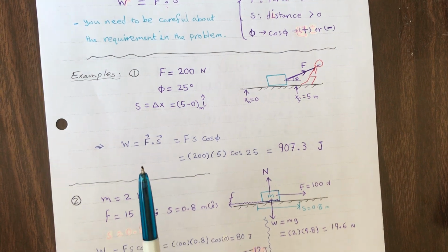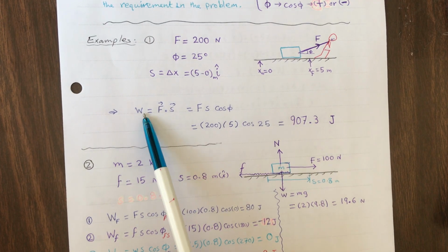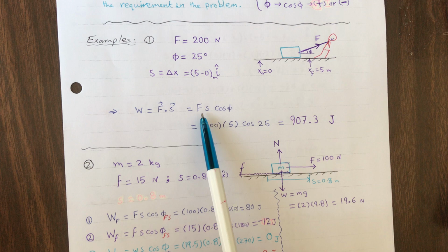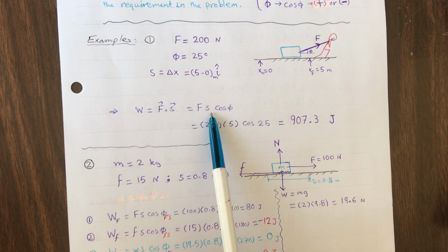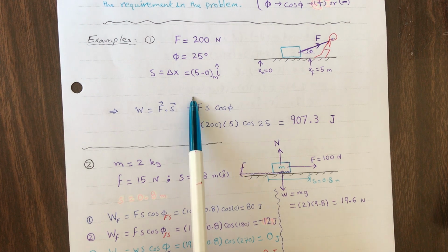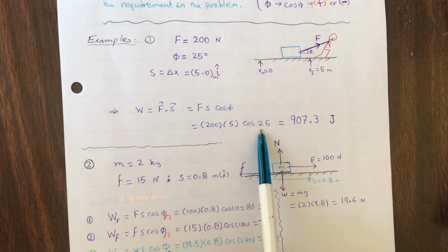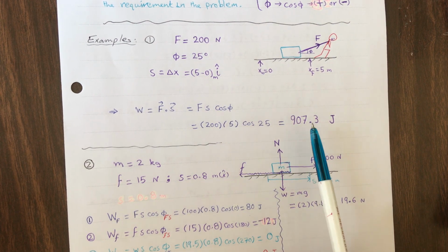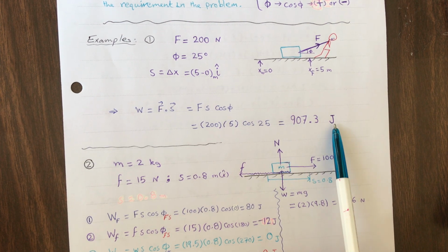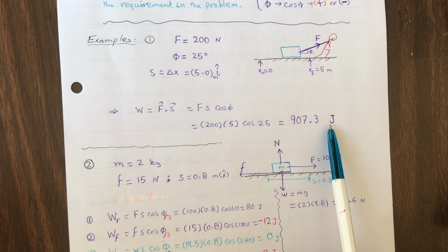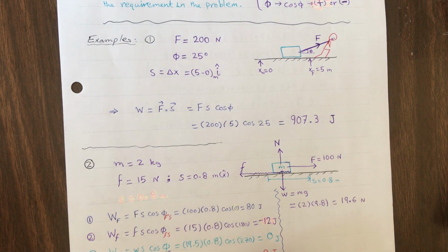If we need to compute the work, it is simply work equals F s cosine phi. F is 200, S is 5 minus 0, and cosine 25, which gives 907.3 joules. Okay, this is another example.